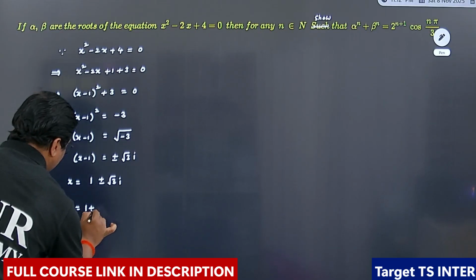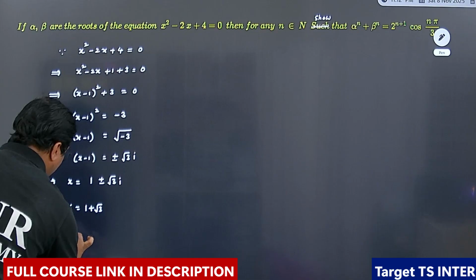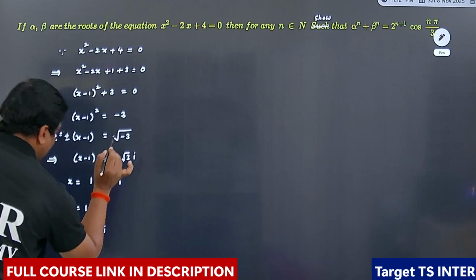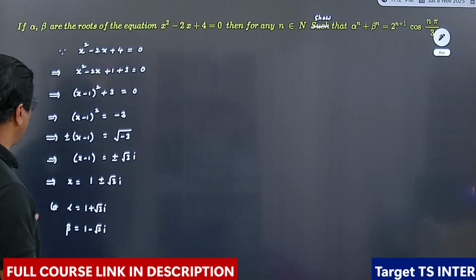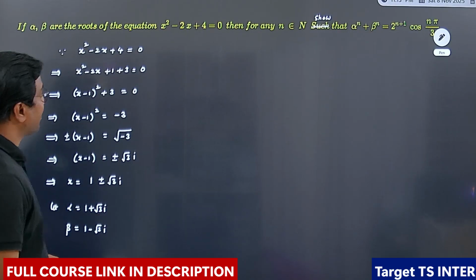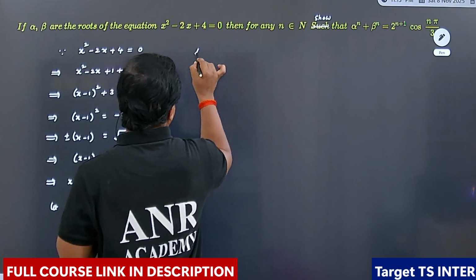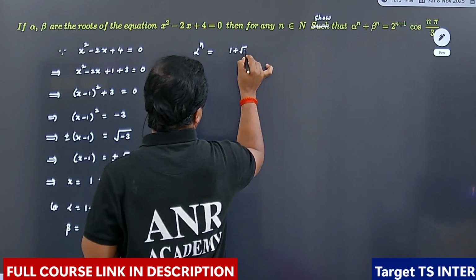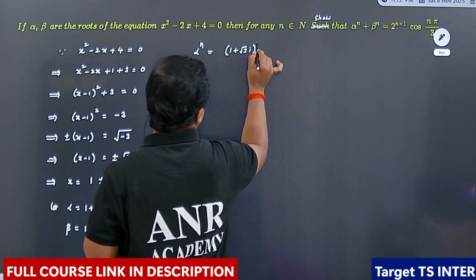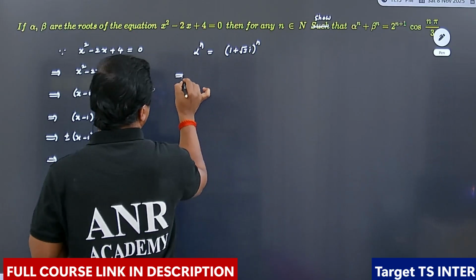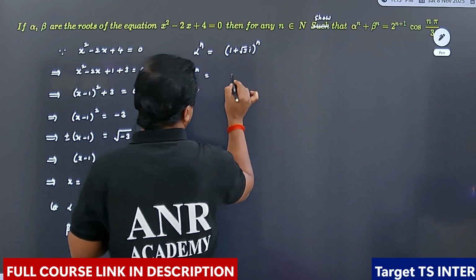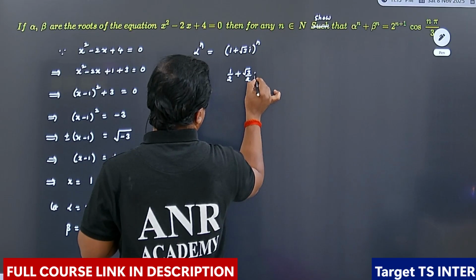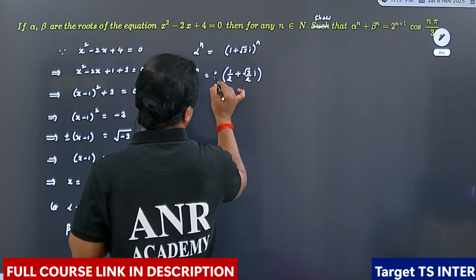Let us suppose alpha equal to 1 plus root 3i and beta equal to 1 minus root 3i. 1 plus root 3i, 1 minus root 3i are the roots here. Next, alpha power n. Alpha power n is written as 1 plus root 3i whole to the power of n. Suppose we divide each and every term with 2 and after that multiply with 2.